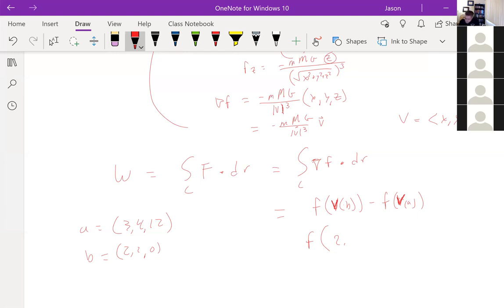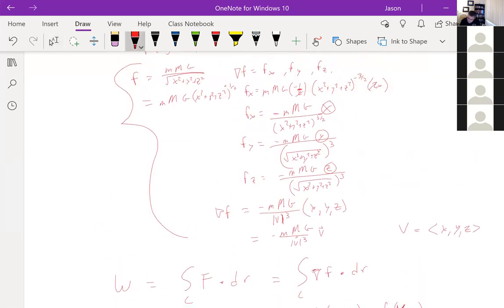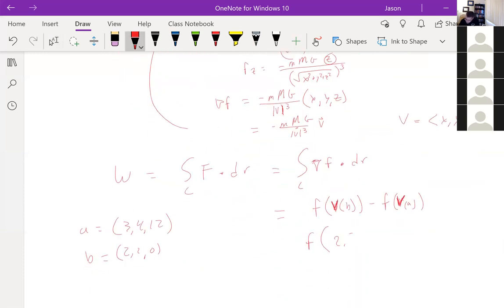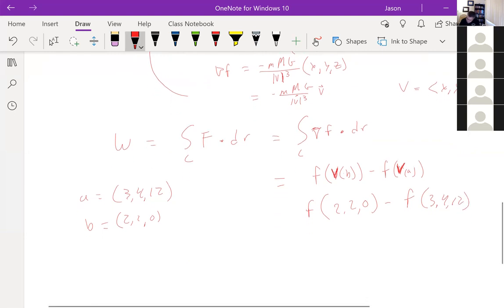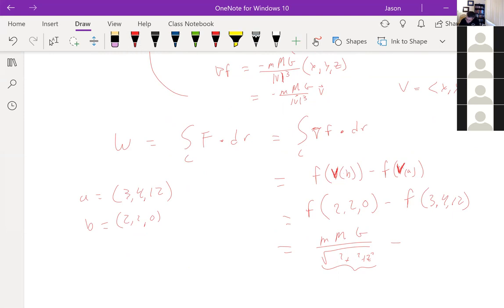And we said that there does exist a parent function, right here. So what is that parent function? Given these values for x, y, and z, it's going to be mg over the square root of x squared plus y squared plus z squared, minus, and this is of my first point, I'll just plug in the values here.